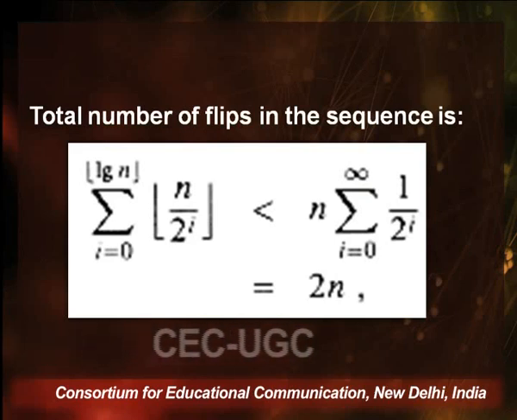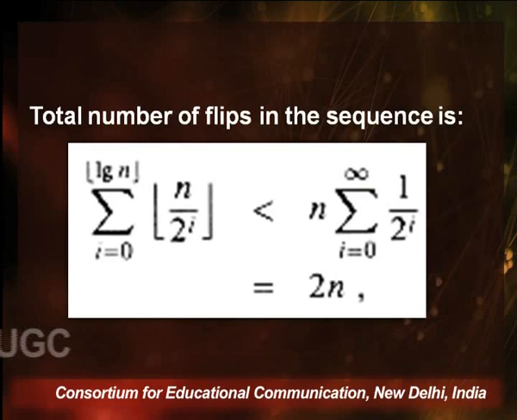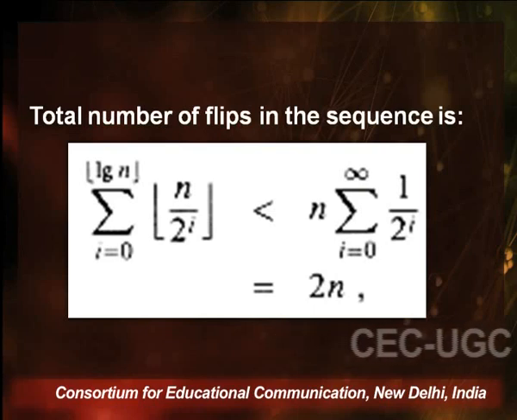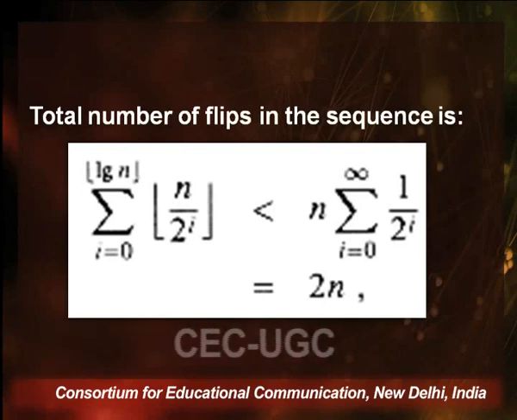We have taken n out, and what are we left with? n times the summation from i equals 0 to infinity of 1 upon 2 to the power i, and this series is essentially equal to 2.